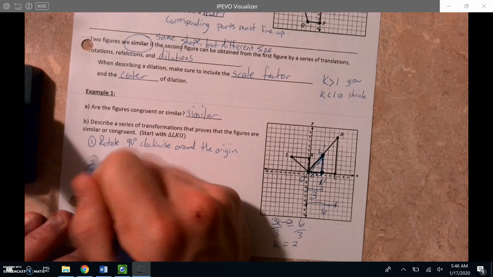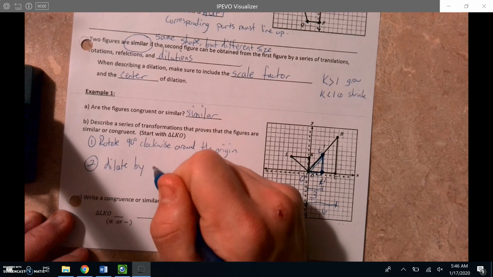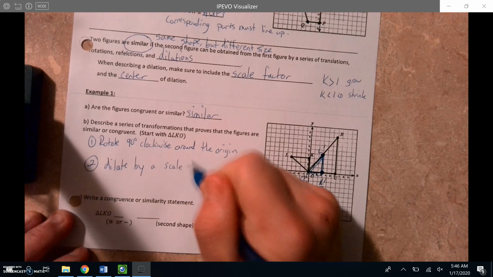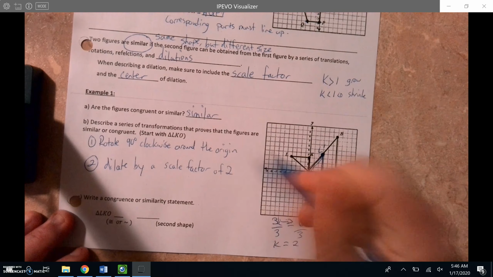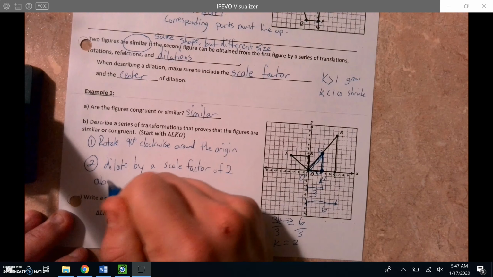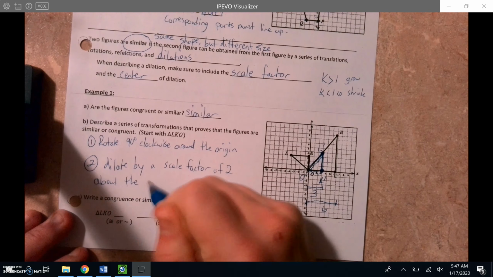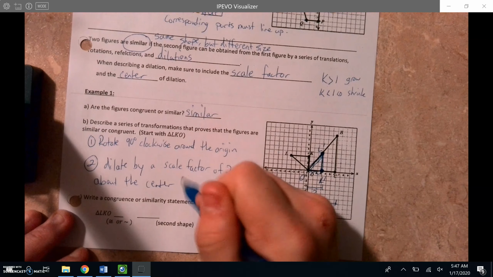So I'm going to dilate by a scale factor of 2 about the center (0, 0).